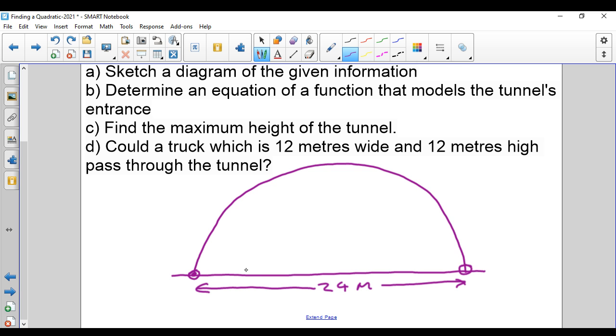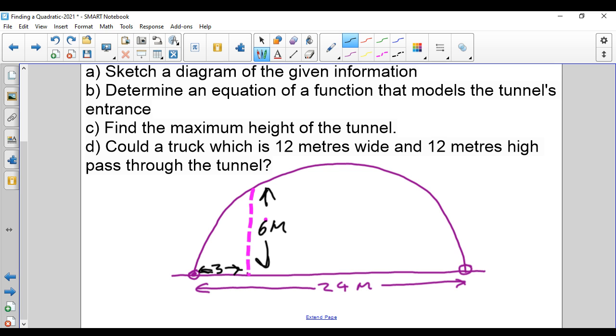If I put a dotted line here, this would be 6 meters high. This would be 6 meters here and 3 meters going this way. So 6 meters up and 3 meters going along the ground. So you're 3 meters from the edge. And when you go 3 meters along the edge, you can go 6 meters up in the sky.